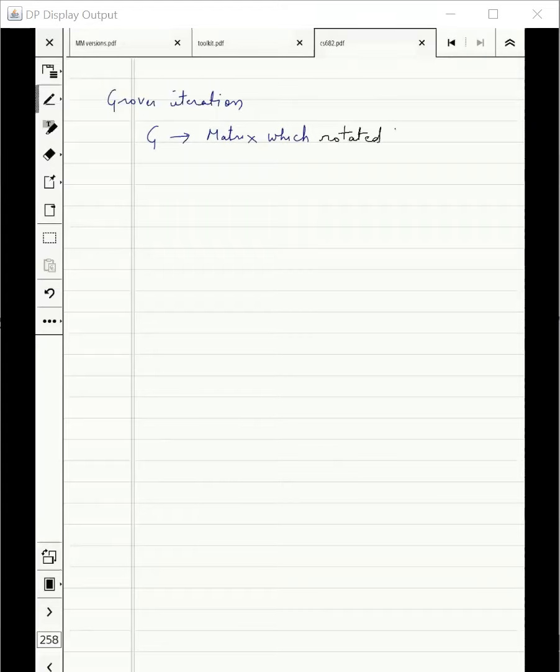It rotated by angle 2 theta. Perfect. Let me ask this question. Given a rotation matrix, let's worry about 2 dimensions. Everything is happening in 2 dimensions. I don't have to worry about anything else. What are the eigenvalues of R theta?